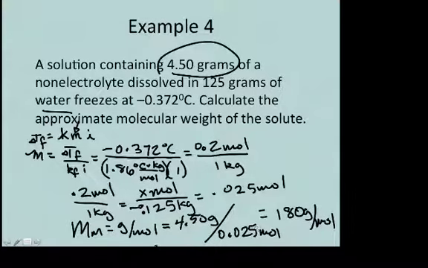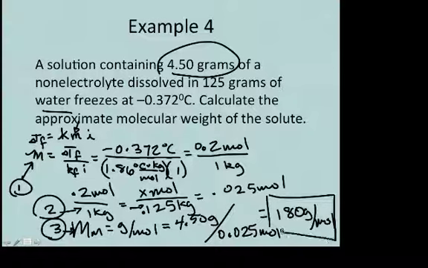That's how we use freezing point depression, or you could use boiling point elevation to first get to molality, step 1, then change molality to moles in step 2, and then take the number of grams divided by the number of moles in step 3 so you can obtain your molar mass. That's all there is to it.